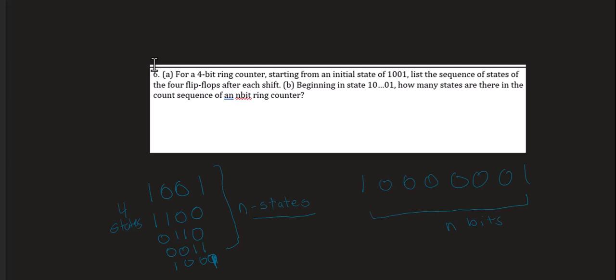How long would it take before we got back to where we started? It's just going to be however many bits you have, because it just has to. This one just has to migrate all the way to the end and come back around. So n states.